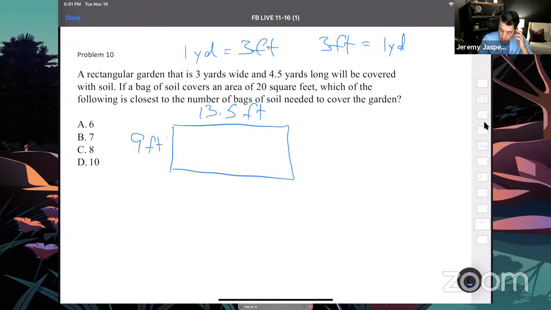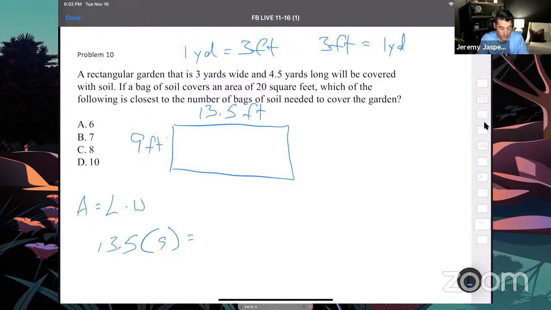I need to find out what the area of this is. As in the previous problem, area is equal to length times width. So our area is equivalent to 13.5 times 9.